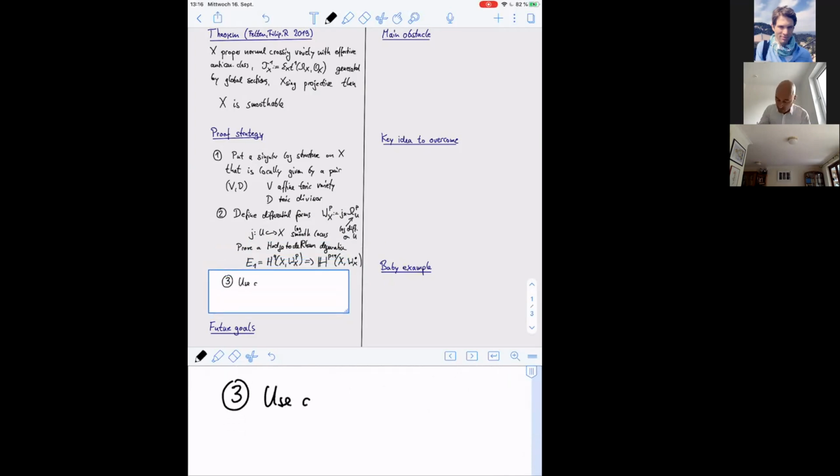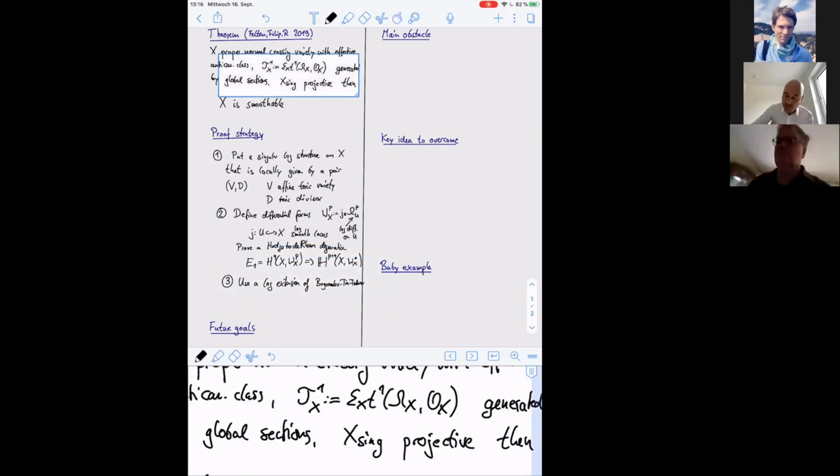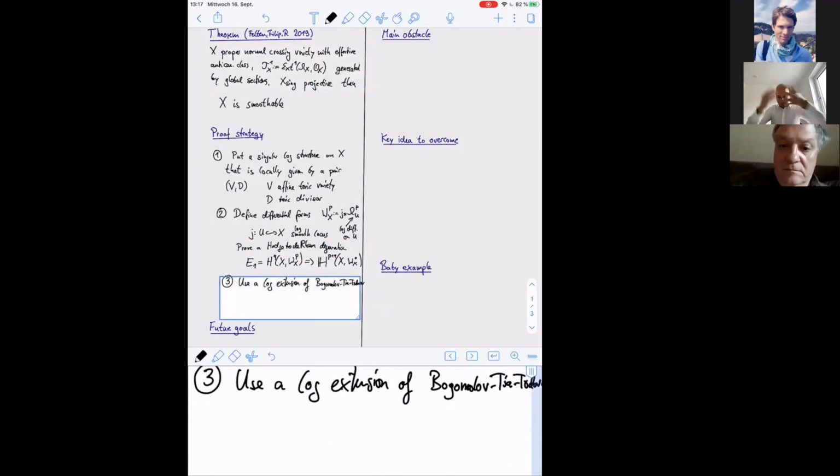You use a log extension of Bogomolov-Tian-Todorov theory. The Bogomolov-Tian-Todorov theorem is that Calabi-Yau varieties have unobstructed deformations. And we have this assumption here that the anticanonical is effective, so log Calabi-Yau is good enough for that theorem. But we use another log version, not just that the anticanonical class may have sections, but also log in the sense of log geometry that we've been doing with log structures.